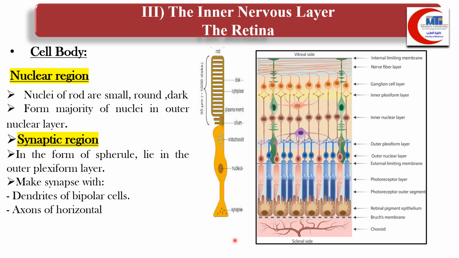The synaptic region, in the form of spherules, lies in the outer plexiform layer and makes synapses with the dendrites of the bipolar cells and axons of horizontal cells.